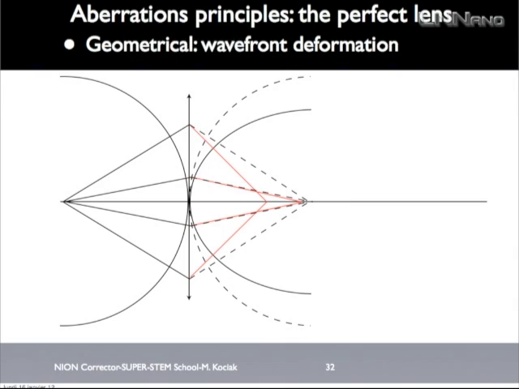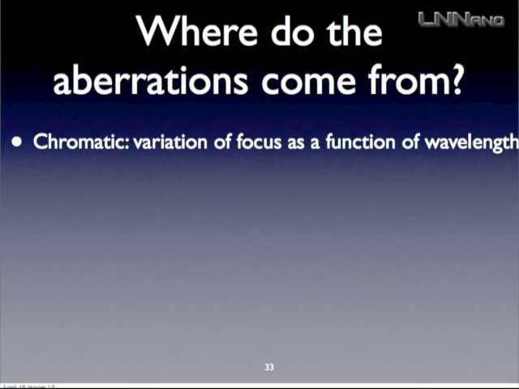So you have aberration because this point has been imaged here, and in fact it's a continuous distribution of images. So this is aberration, and that's why usually you want a small objective aperture.